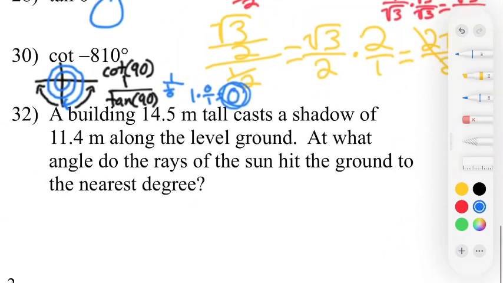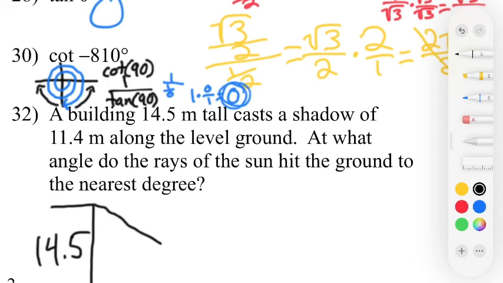32. 32 tells us that we have a 14.5 meter tall building. It casts a shadow onto the ground at 11.4 meters long.